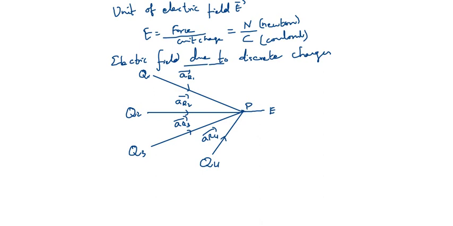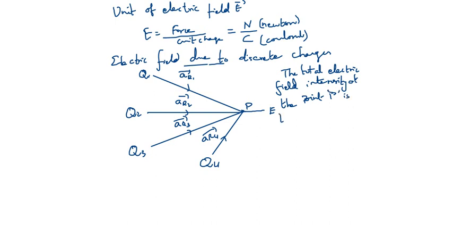The total electric field intensity at the point P is the vector sum of the individual field intensities.